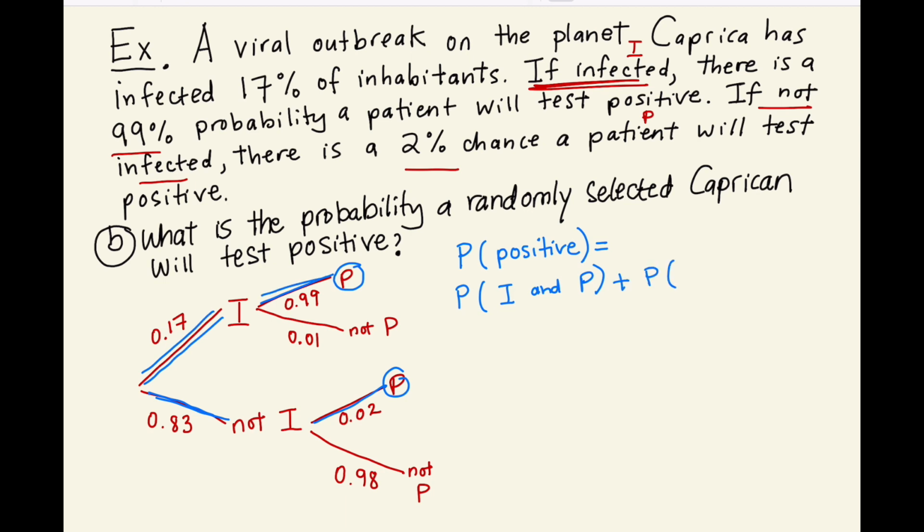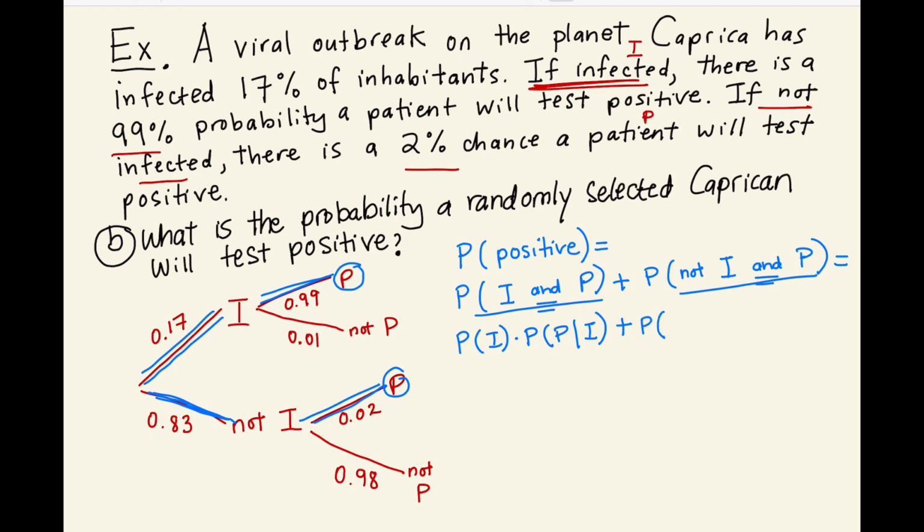Plus the probability that an individual is not infected but tests positive. So here we're going to use the general multiplication rule. This will be the probability of being infected times the probability of testing positive given that one is infected, plus the probability an individual is not infected times the probability of testing positive given that the individual is not infected.